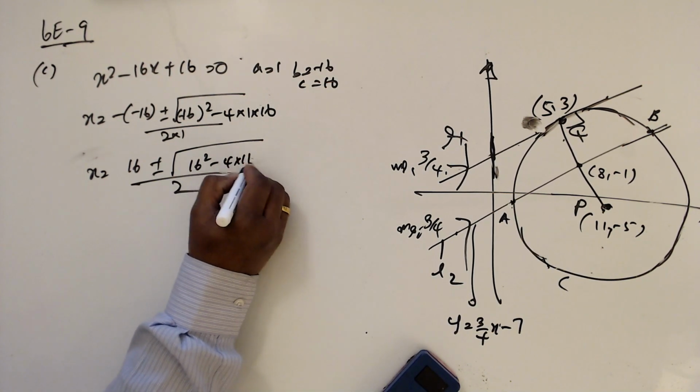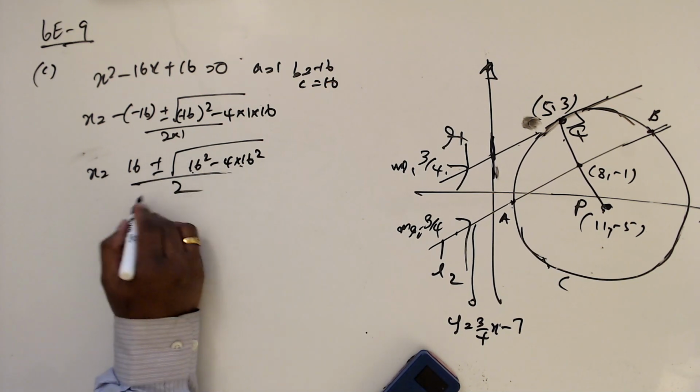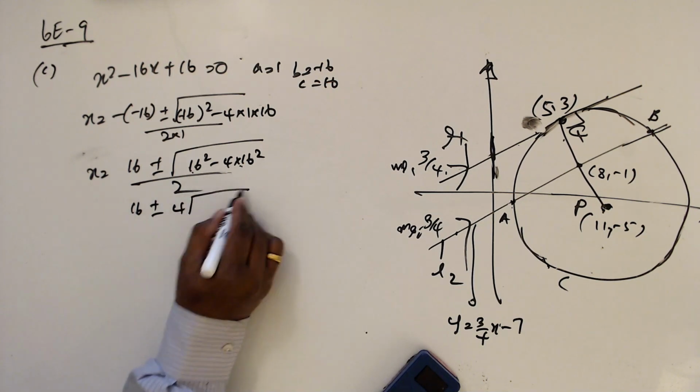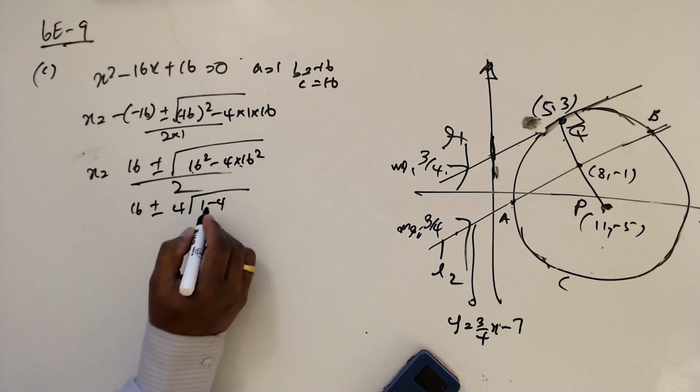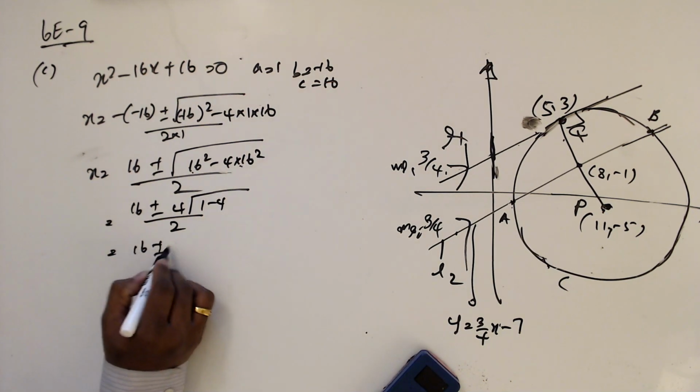I can say 16 is common when I take it out, so it is going to be 16 times (16 minus 4) under the square root.